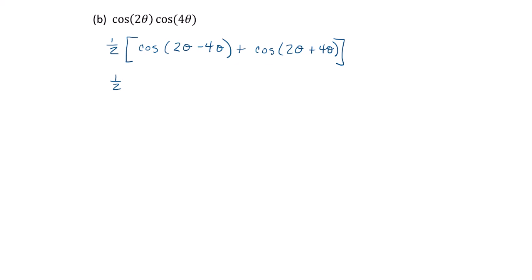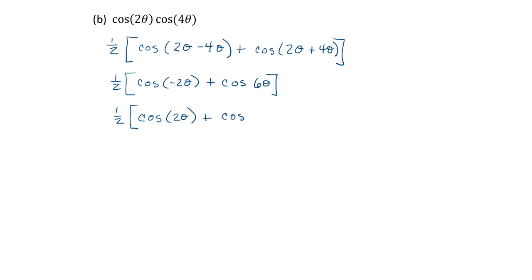This is 1/2 times the cosine of negative 2 theta plus the cosine of 6 theta. Now, I know that the cosine of negative 2 theta is the same as the cosine of positive 2 theta from the even-odd identities, plus the cosine of 6 theta, and we're finished.